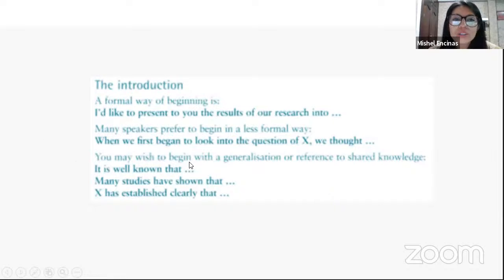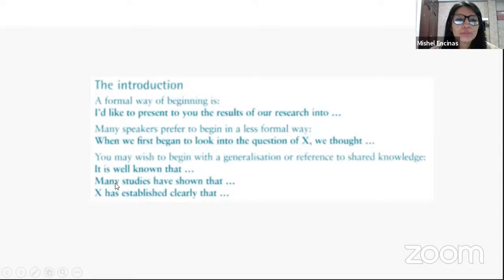You may wish to begin with a generalization of or reference to shared knowledge. For example, it is well known that, and you explain something to introduce, then we can say, many studies have shown that, and you can say what you found on these studies, just in a way to introduce your research, okay?